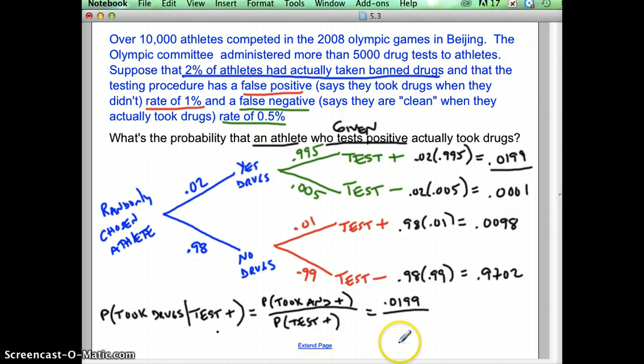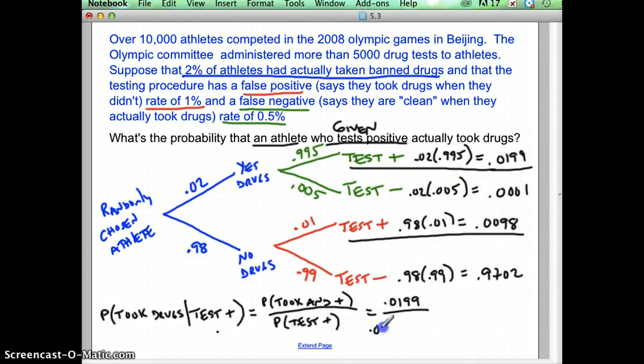And then what's the probability that they tested positive? Well, okay, here's testing positive, and here's testing positive. So we need to add these two up because that's the total that tested positive.